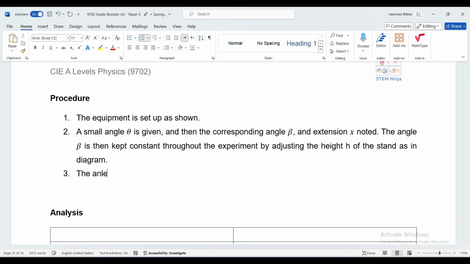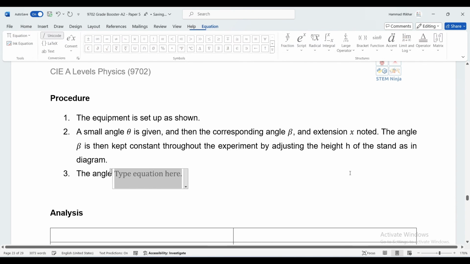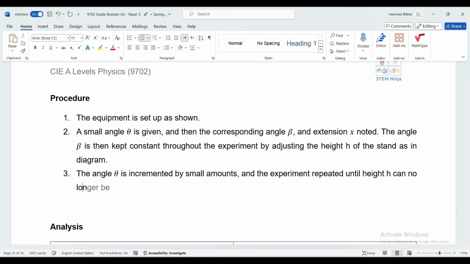the angle theta is incremented by small amounts as the experiment is repeated until height h can no longer be adjusted.